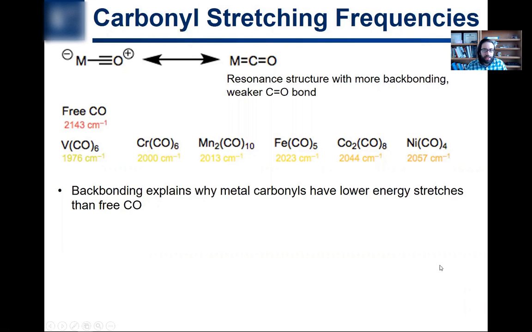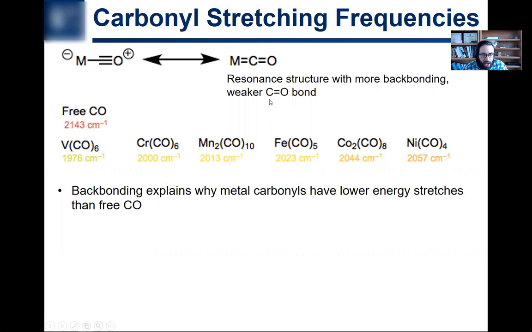So you can see here, as you go across the periodic table in the first row transition metals, the first thing to notice is that free carbon monoxide has a stretching frequency of 2143 wavenumbers, but all of these values in the metals are less than that, and the reason is because of back bonding, right?